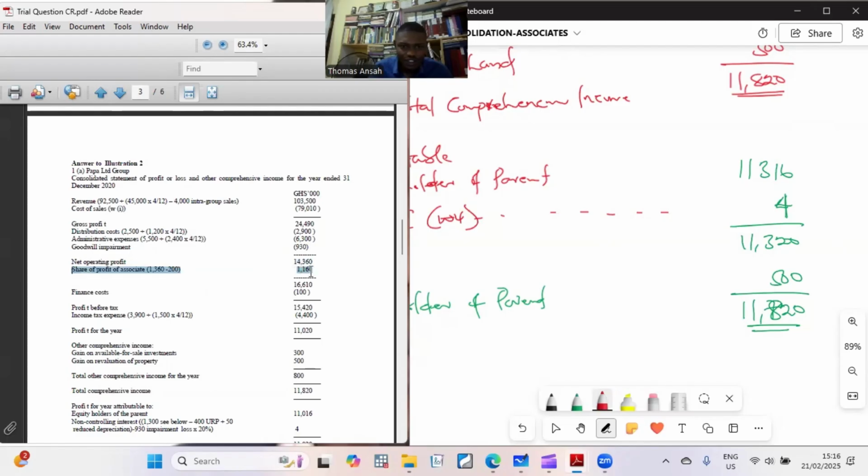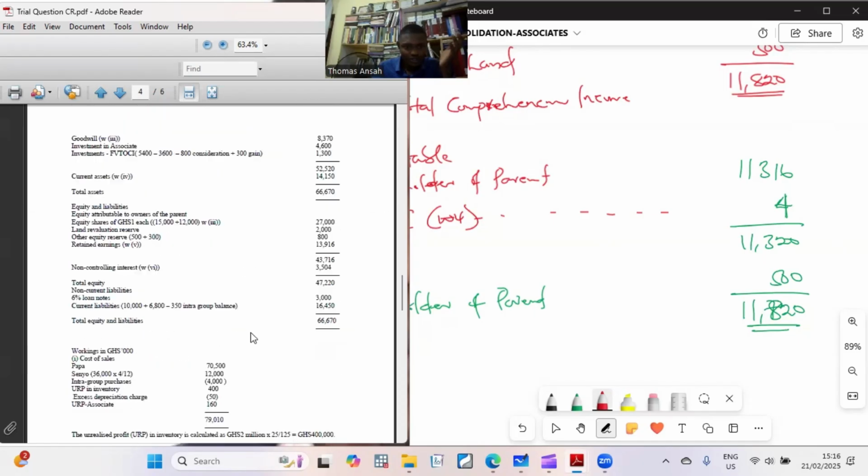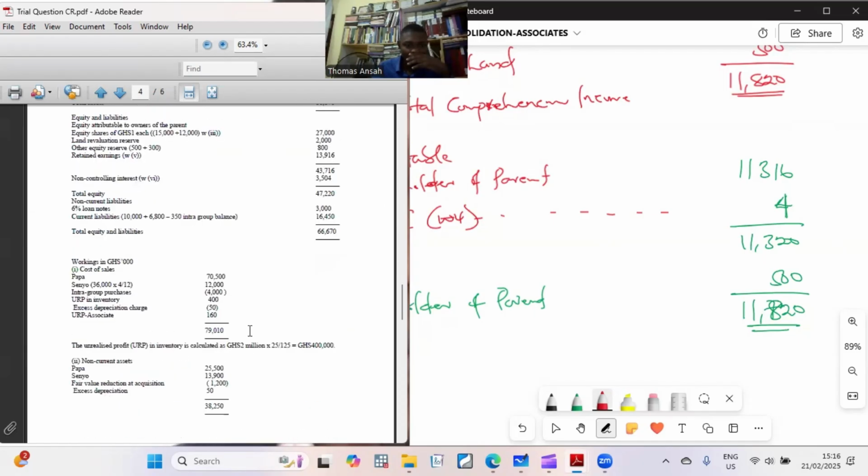The share, they didn't subtract the provision for unrealized profit from it. It's something they are meant to subtract because inside the profit there is unrealized profit. So these are things you need to check.